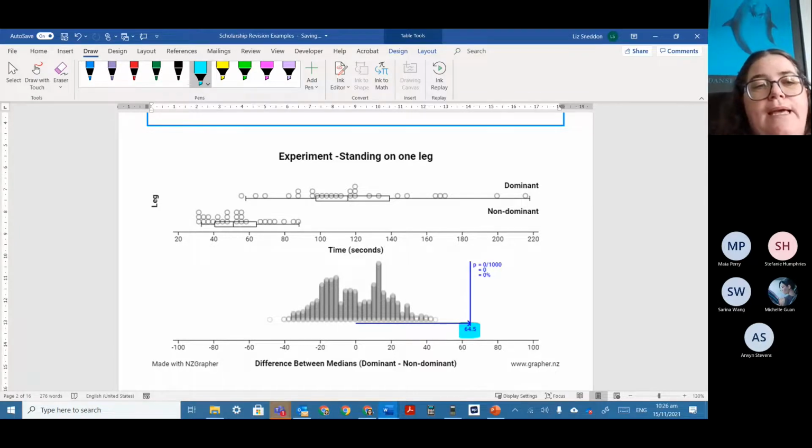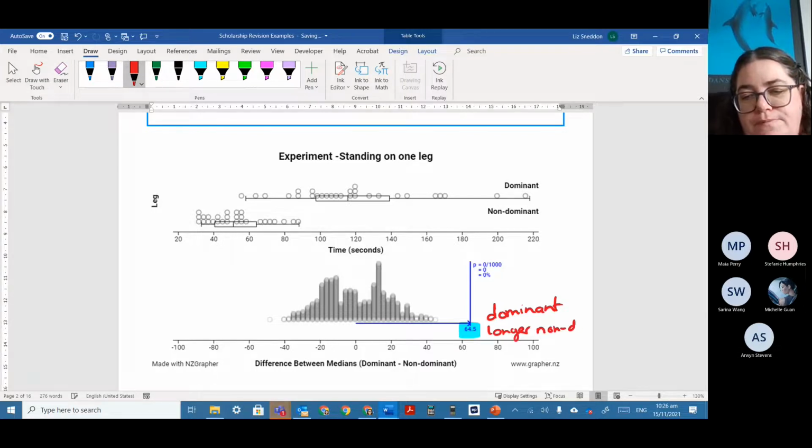That was telling us that the dominant leg was 64.5 seconds longer than the non-dominant. So that's how much we found was happening. And what the randomization test is doing is saying, how likely is it to get a result of 64.5 seconds just by random chance?